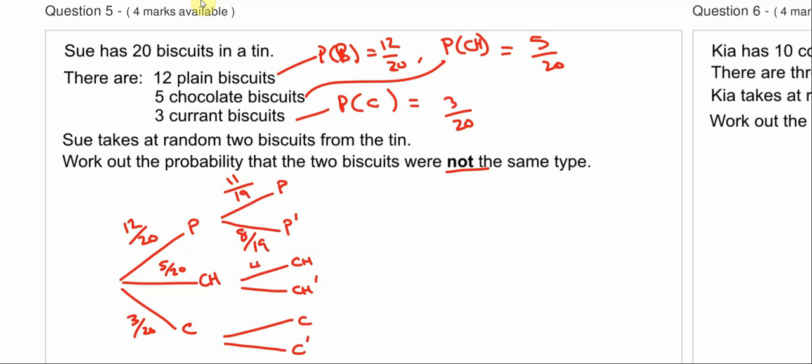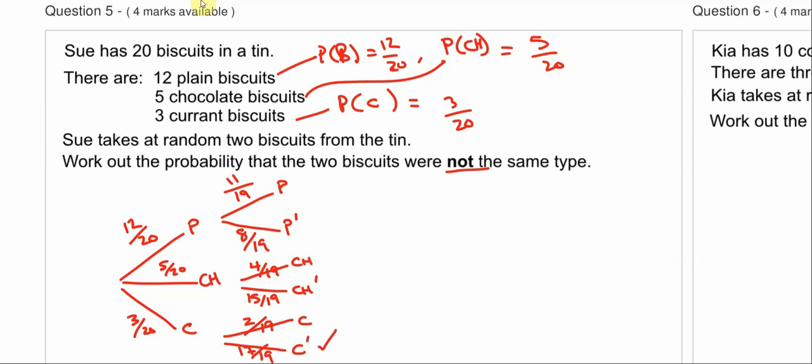Following along with this, we'd have 4 out of 19, because I've eaten a chocolate, and I would have the 3 currant ones and the 12 plain ones still intact, so 15 out of 19, and you can see that makes up to be 1. If I had a currant one, then I'd have 2 in there out of 19, and I would have the 5 chocolate biscuits and the 12 plain biscuits still, making it 17.